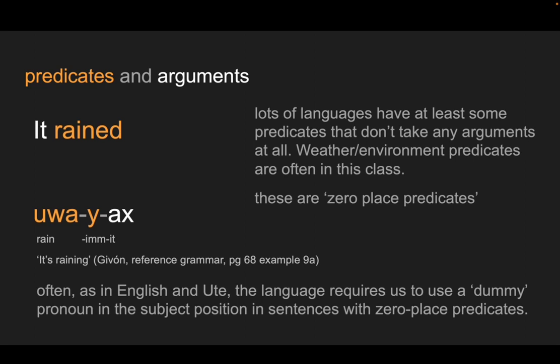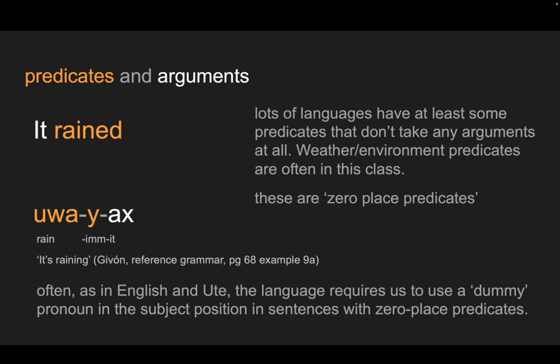And if I'm correctly understanding this example from the Givon reference grammar, it looks to me like "ute" also requires zero place predicates to appear with this little empty pronoun. It translates into English maybe as something like "it," right?